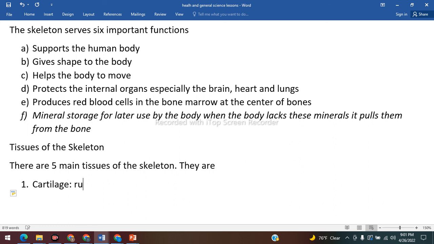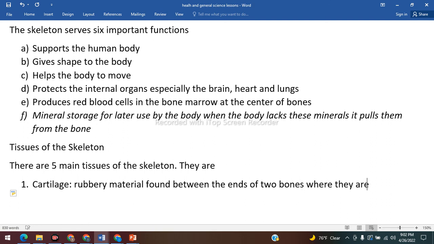Now, the cartilage is a rubbery material found between the ends of 2 bones where they are joined, rubbing between the bones and acts like, what do you think?